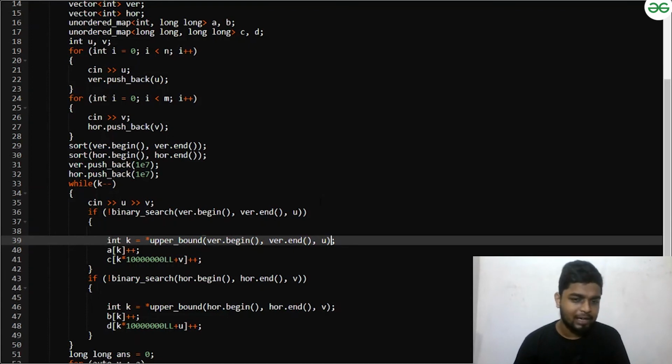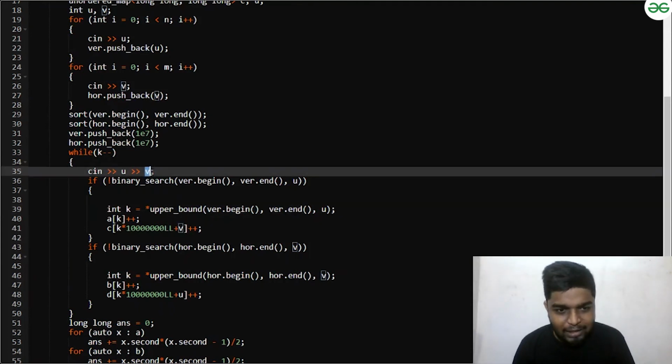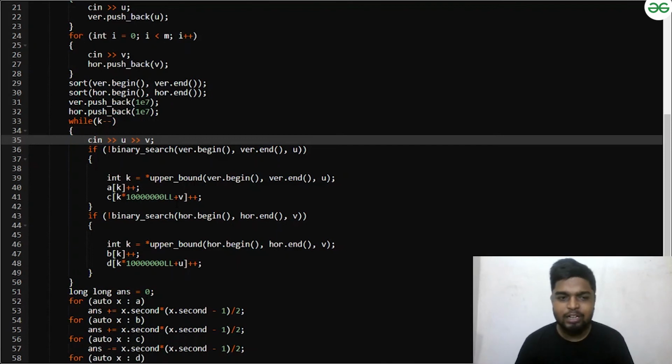I am assuming that you know about the upper bound function. Then you will update the frequency for k, and you will also update the counter for the particular value yi, or the y-th coordinate of the given point. And then similarly you will do the same thing for horizontal as well.